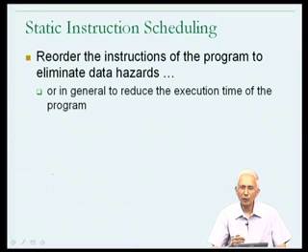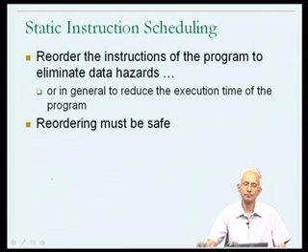And with a little bit of thought, maybe the compiler could be used to analyze sequences of instructions and do reordering to come up with a sequence of instructions which results in best possible program execution time. So that may be a generalization of the objective of static instruction scheduling.